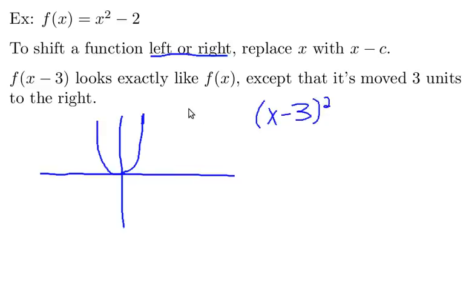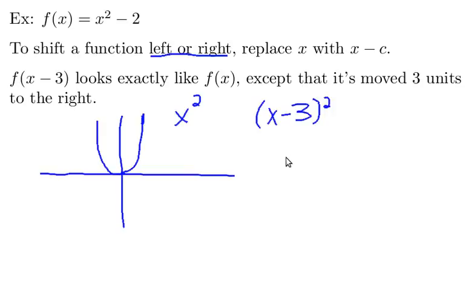Let me compare these two. So x squared means that when x is 0, then y is going to be 0. But for this, we're moving it to the right because y is going to be 0 when x is equal to positive 3. See, 3 minus 3 will give you 0. That didn't quite come out exactly how I meant for it to.